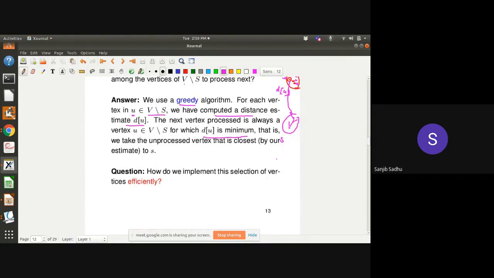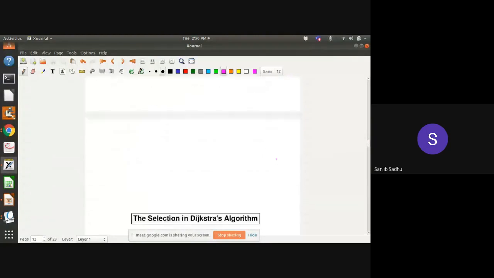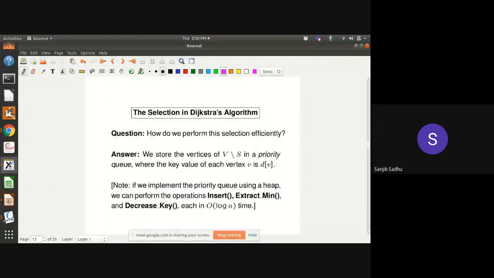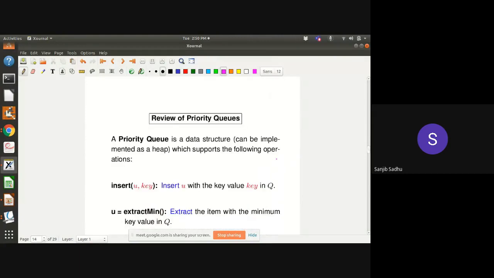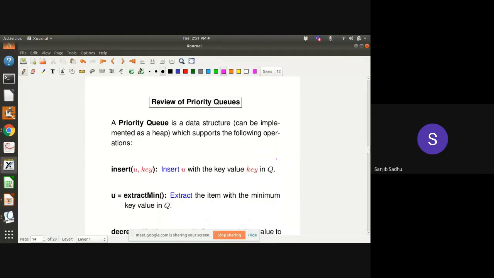So how do you implement this efficiently? Basically you maintain a priority queue. You know that a heap is used for a priority queue, where a heap is a complete binary tree, and insert, extract minimum, and decrease key can all be done in O(log n) time. I am not going into that.